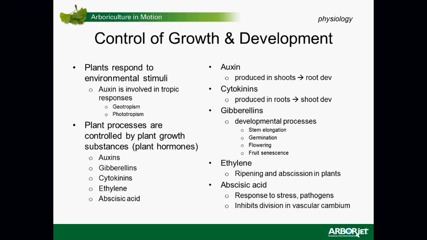But that was gibberellic acid. It also is important in germination, flowering, and fruit senescence. Interestingly enough, abscisic acid has very little to do with leaf abscission in plants. It's ethylene that drives abscission in plants and is also a fruit ripener.